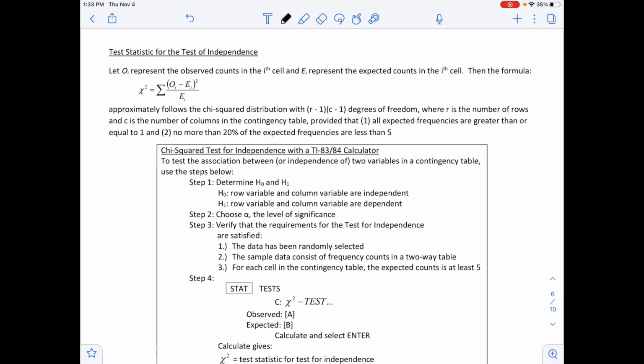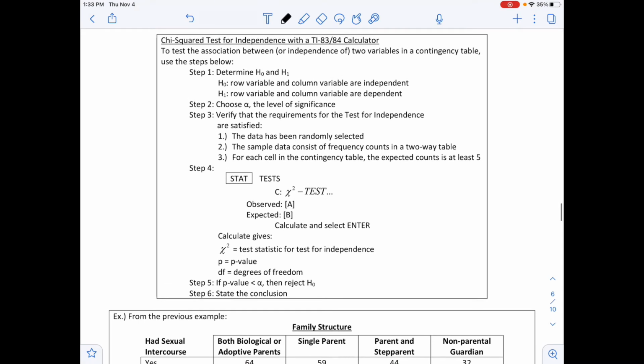So on the next box, go ahead and start. And this is the chi-square test for independence. So this time we're actually going to conduct our test for independence. And it is with an 83 or 84 graphing calculator, so it should work for everybody. So to test the association between or independence of 2 variables in a contingency table, use the steps below.